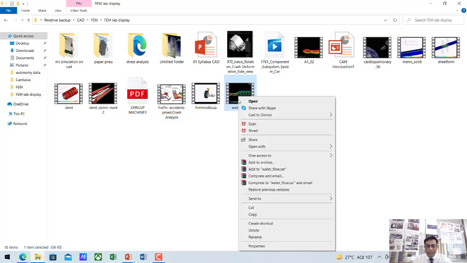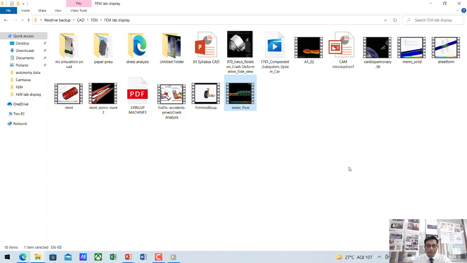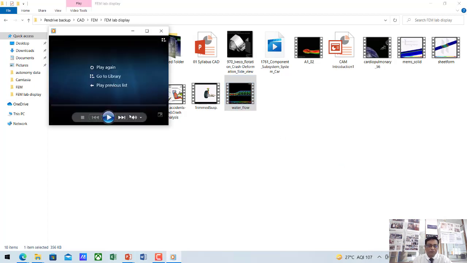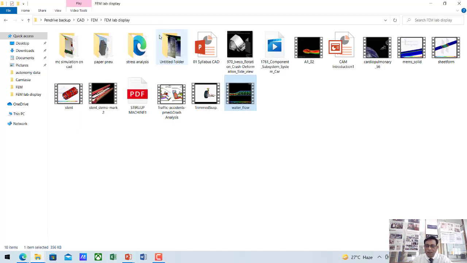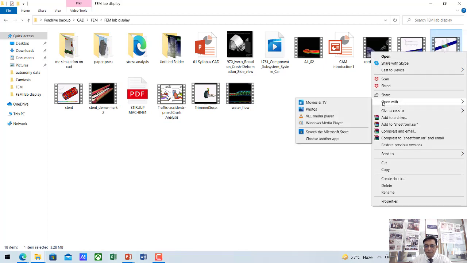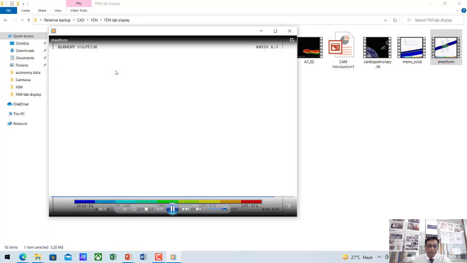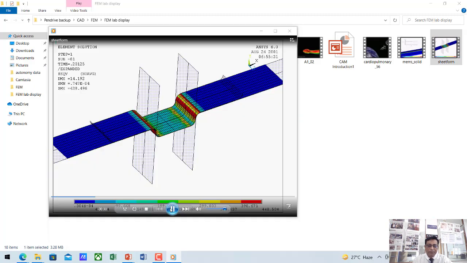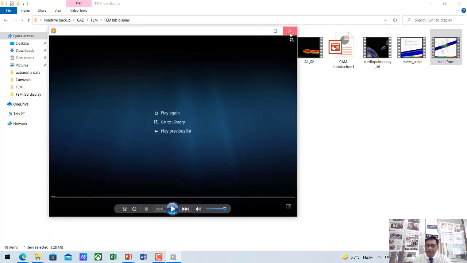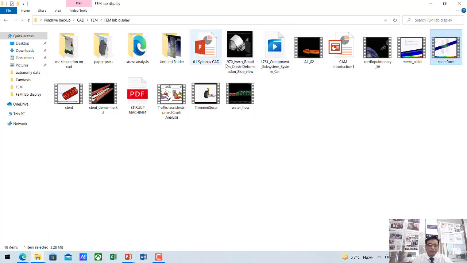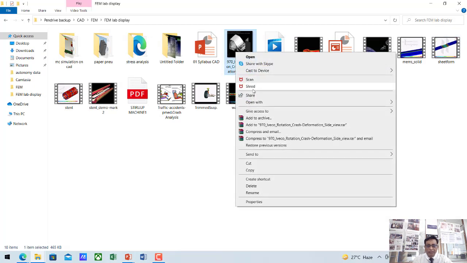Then this is CFD analysis of water flow. Then the sheet metal analysis. Sheet metal bending, it is bending of the sheet and die. Then I already showed crash analysis of a truck.